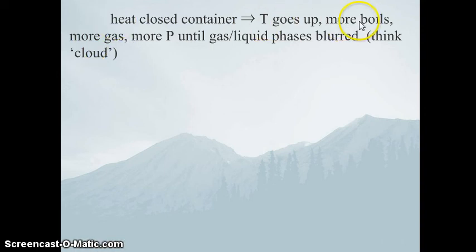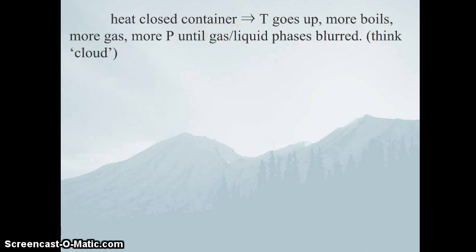And so the boiling point goes up, the temperature goes up, more liquid is going into the gas phase. I have more gas, the vapor pressure is going up, and eventually I get to the point where the gas is so concentrated, the pressure is so high, that it's really hard to even think about where the gas ends and the liquid begins.